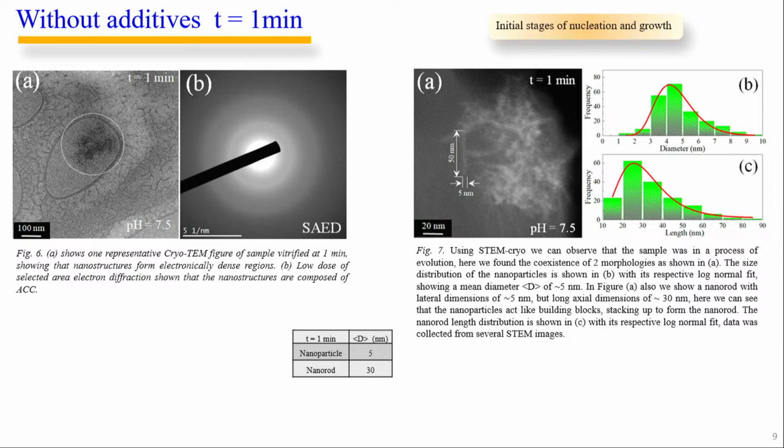Without additives, time 1 minute. Shown is a representative cryo-TEM image of the sample vitrified at 1 minute, showing nanostructures from electron-denser regions. Low dose selected area electron diffraction shows that the nanostructures are composed of amorphous calcium carbonate.